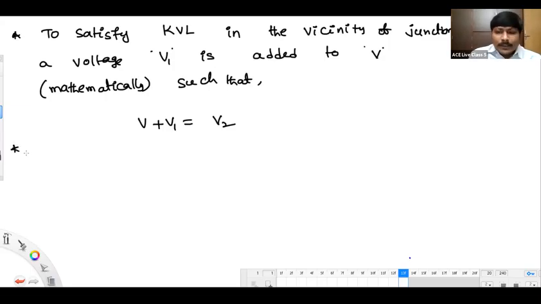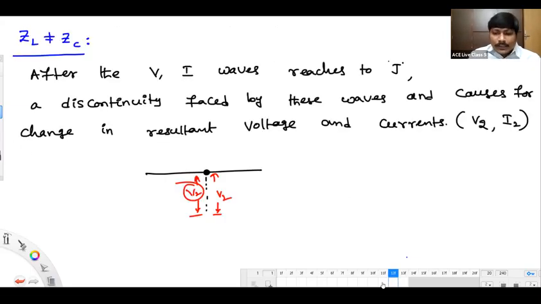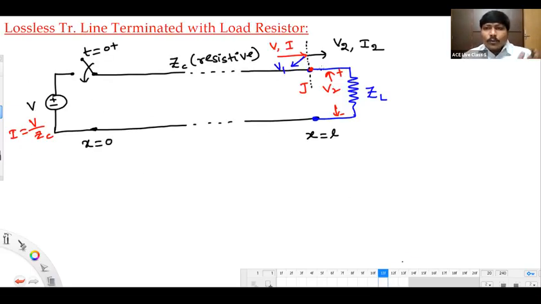Similarly, please tell me. After reaching the junction, what is the outgoing current? I2. The outgoing current is I2. But what is the current just before the junction? You are saying it is I2. KCL was not satisfied. So after reaching the junction, the current was changed to I2, so the current on the transmission line before the junction must be modified to I2.